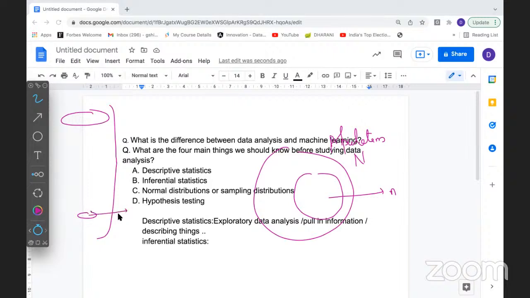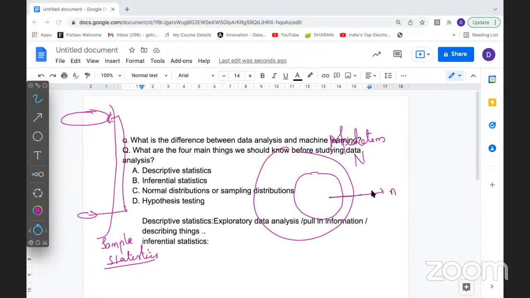Whatever results you are getting on the sample, which you call sample statistics, whatever simple calculation you do, you generalize it and give a statement that it is related to population. So these two should be nearly equal. Then only is the sample you have picked an optimum sample.